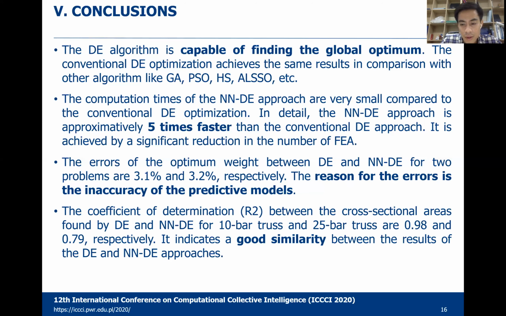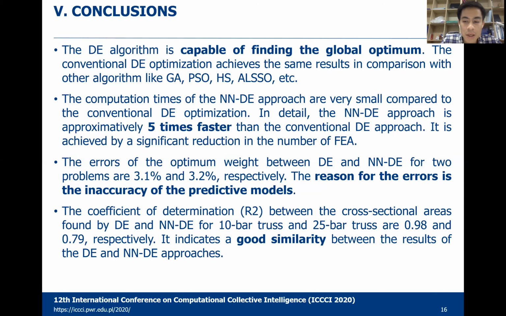However, the coefficient of determination between the cross-sectional areas found by DE and NNDE for the 10-bar and 25-bar trusses are 0.98 and 0.79 respectively. It indicates a good similarity between the results of the DE and NNDE approaches.